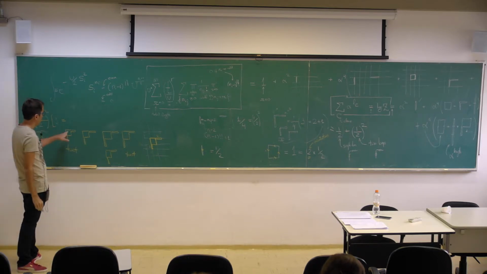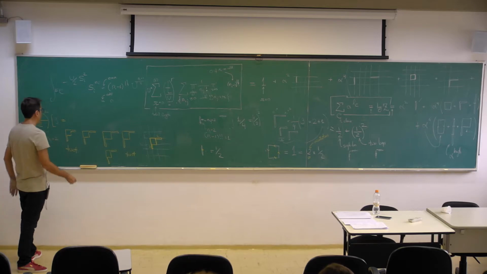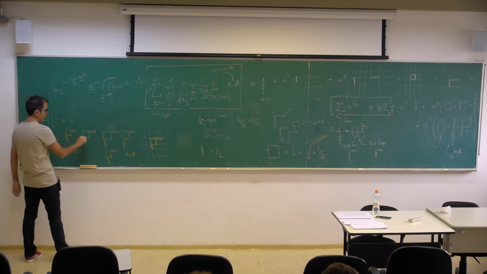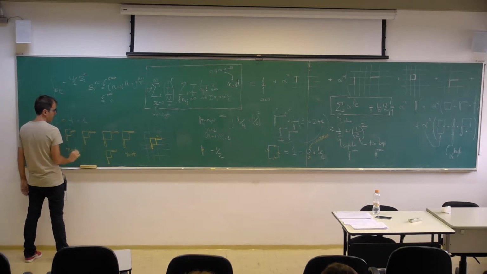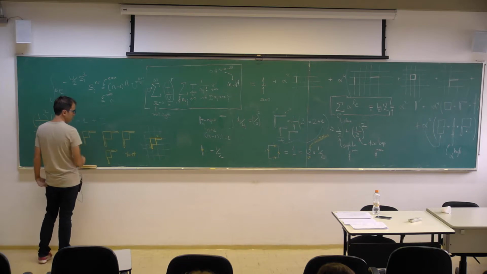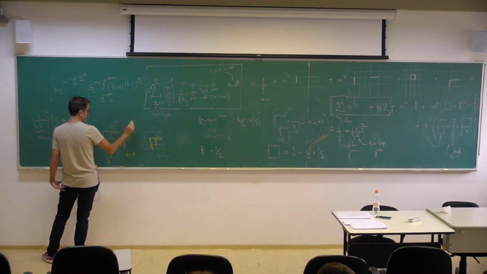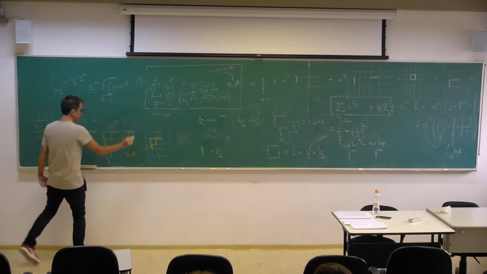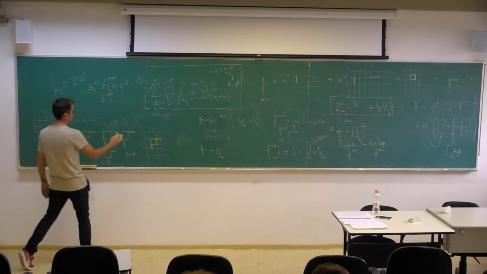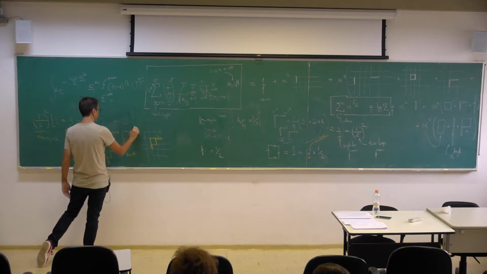So either I twist here, or I twist there, or I twist in both. So this graph here would give 4. This graph will give 1. This graph would give 2. And this graph would give 2. Right? So that's just my interpretation of this 9.